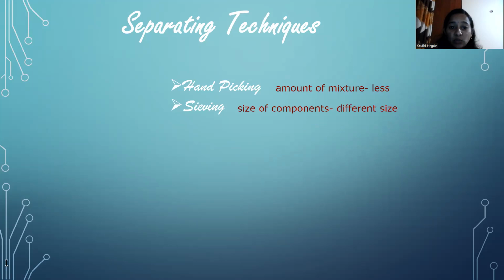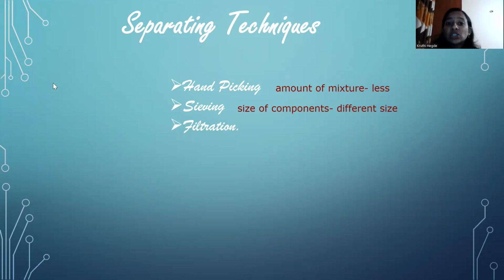There is one more technique that we frequently use in our day-to-day life, that is filtration. For example, when we are making tea, we use this filtration method, or to remove the cream from the milk, we go for filtration.